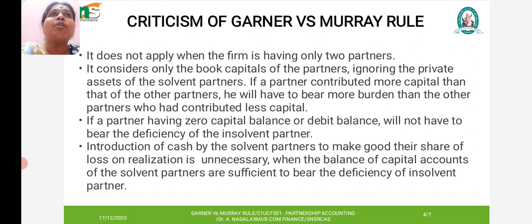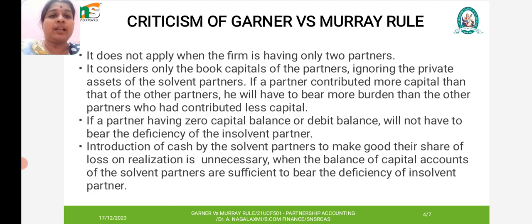Only if there are more than two partners can this rule be applied. If there are two partners and one partner becomes insolvent, the other partner cannot bear the deficiency of the insolvent partner also. So this does not apply when the firm has only two partners.